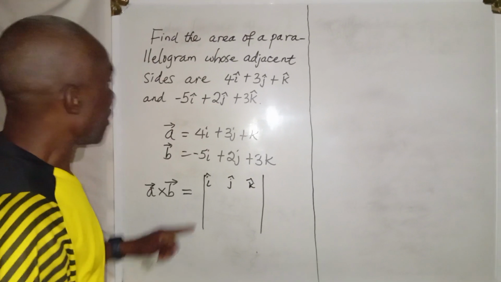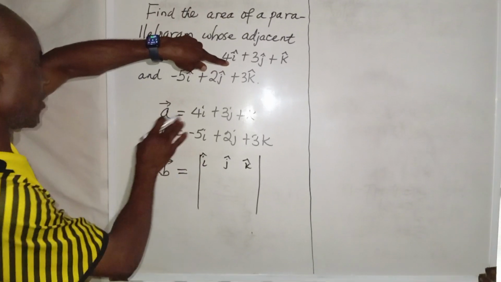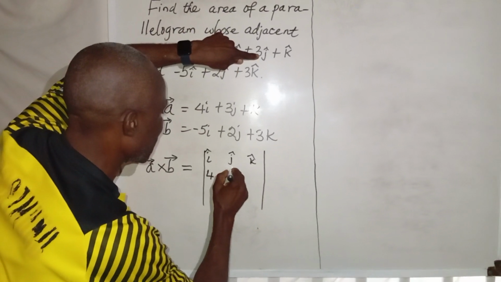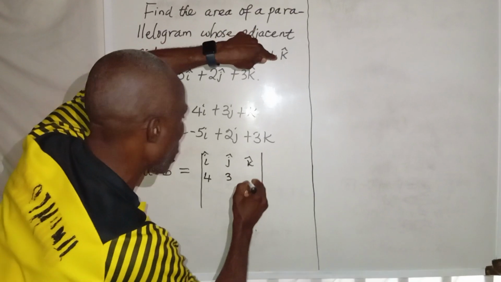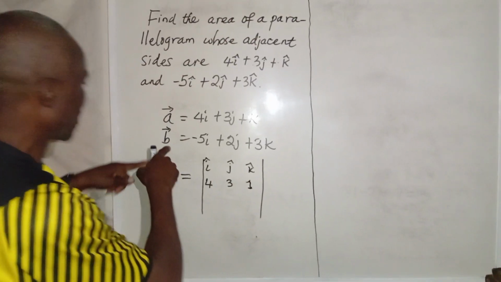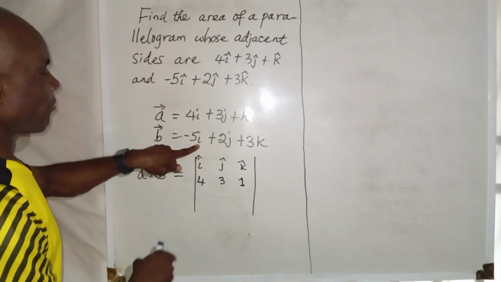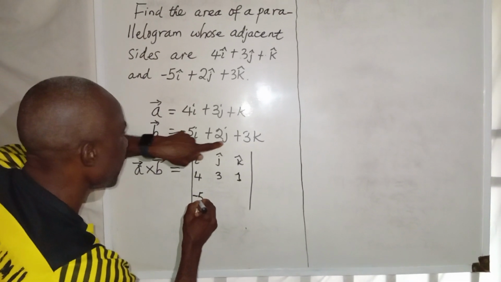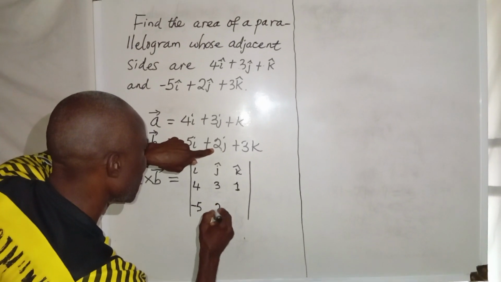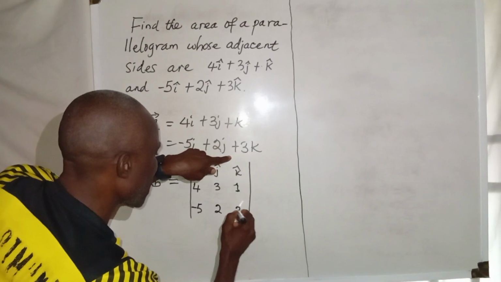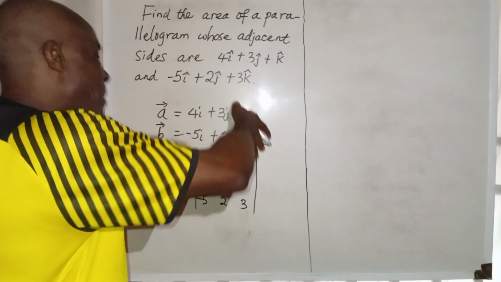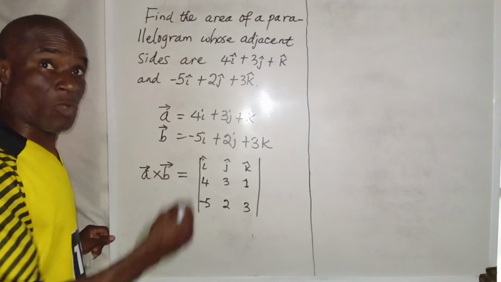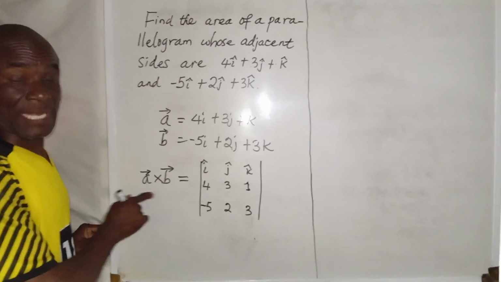The coefficients of i, j, k in vector A are 4, 3, 1. For vector B, they are -5, 2, 3. When we find the determinant of this matrix, we have the cross product of vectors A and B.